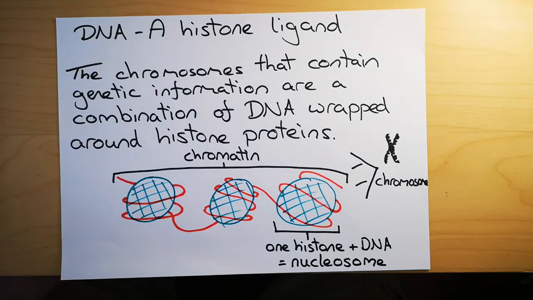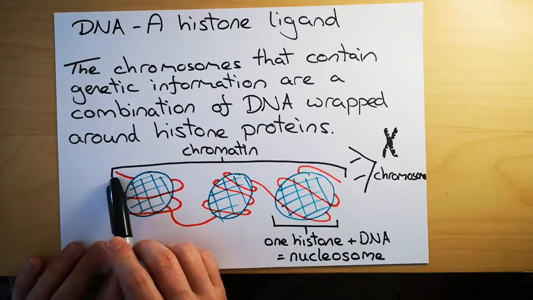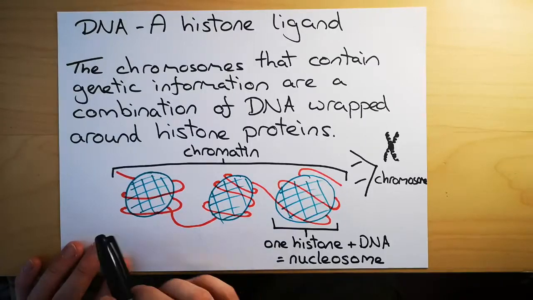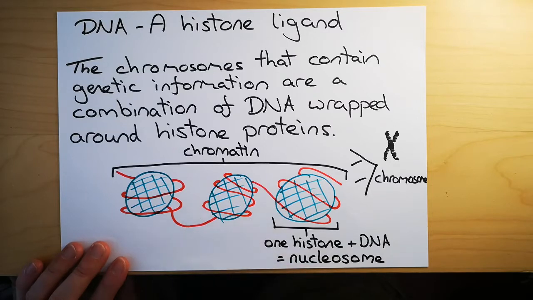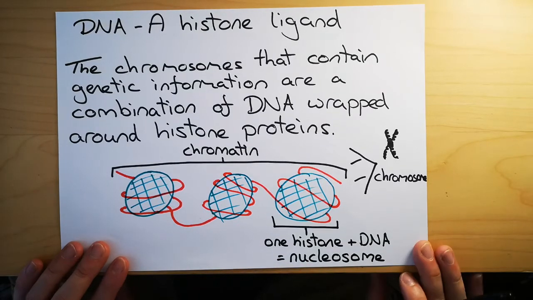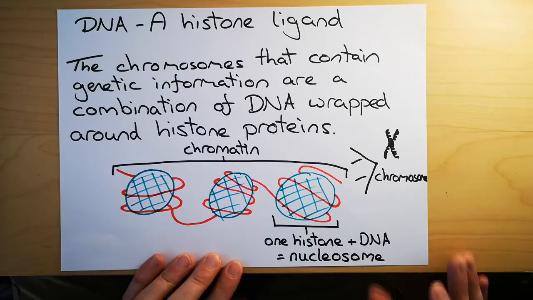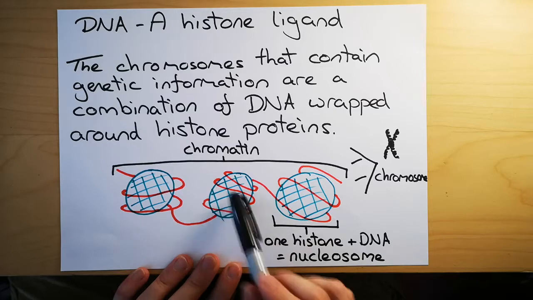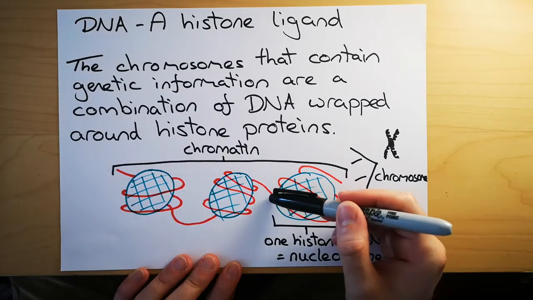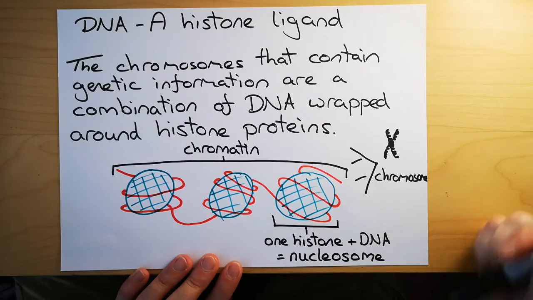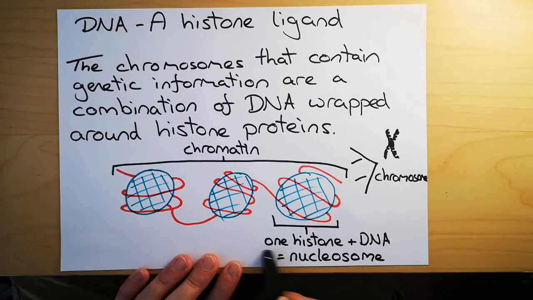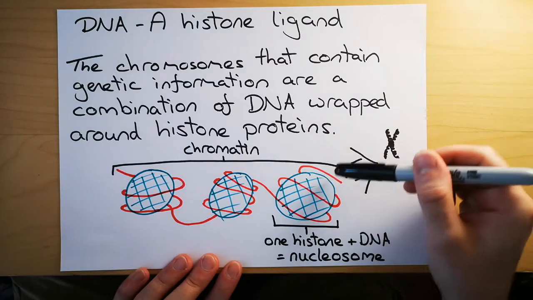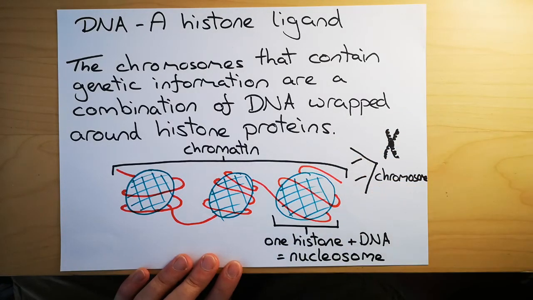So the chromosomes that contain genetic information are a combination of the DNA, which is in orange here, and the histones, which I've done in that light blue colour, aqua blue, maybe aqua green, whatever you want to call it. And that DNA wraps around the histone proteins. Any single one, and at the very end when we move on to that PyMol program, I'm going to show you a single one. So one histone protein plus the DNA that's wrapped around it is a nucleosome.